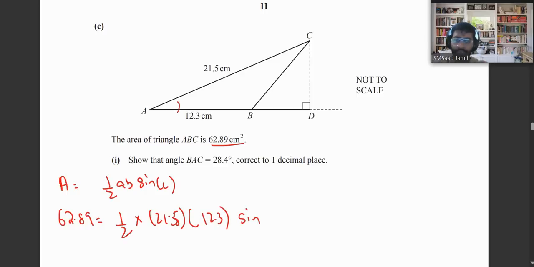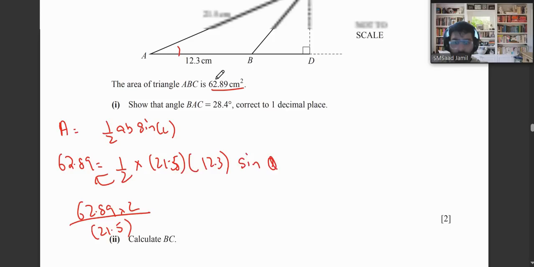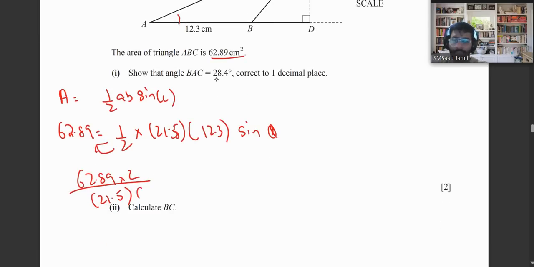Sine theta, this theta. So 2 will go up there, multiply. So this will turn out to be 62.89 multiplied by 2 divided by 21.5 multiplied by 12.3 is equals to sine theta.